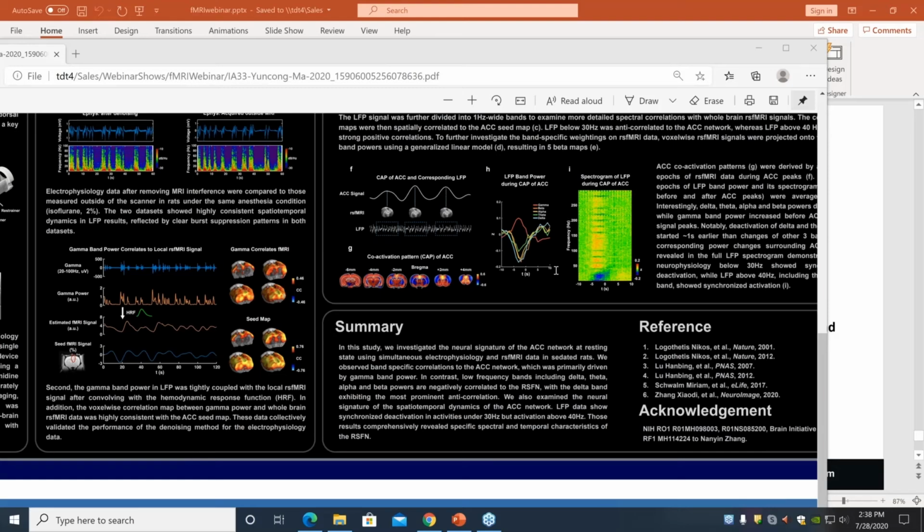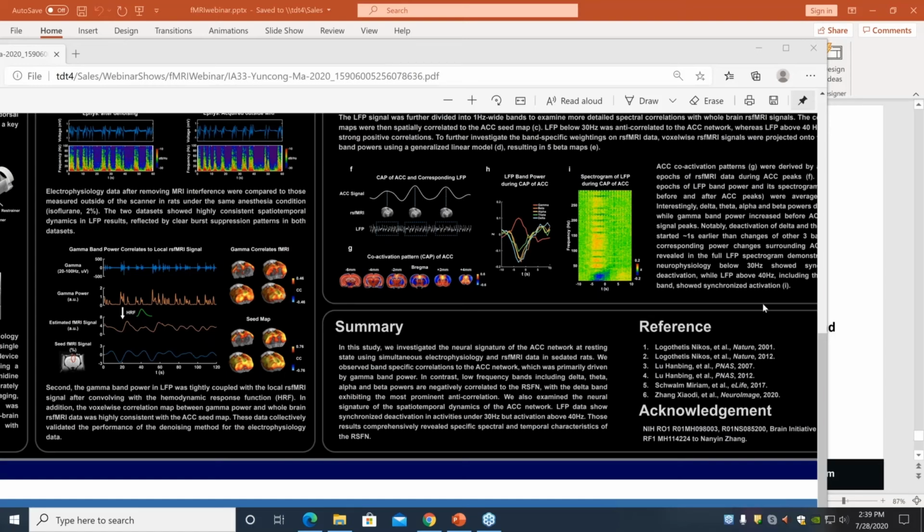So in summary, we combine these two modalities to investigate the neural signature of the ACC network at the resting state. It shows the gamma band has a positive correlation to both signals, and the other 4 bands are negatively contributing to fMRI. That's part of our results as shown at the BRAIN Initiative meeting.